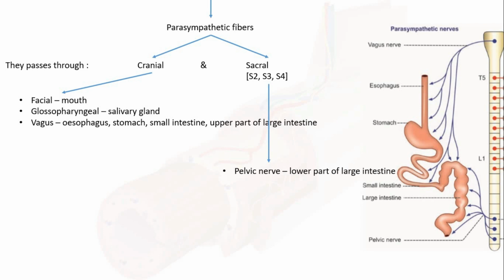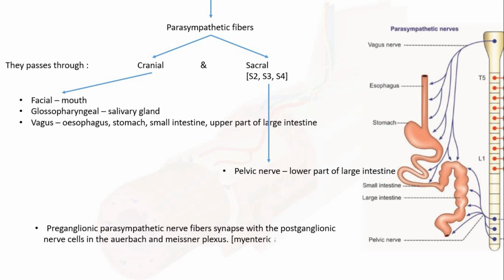From this arises the pelvic nerve that supplies the lower part of the large intestine. Preganglionic fibers synapse with the postganglionic fibers at Auerbach and Meissner's plexus, also called the myenteric and submucous plexus. The function of the parasympathetic nerves is to accelerate the movement and increase the secretion.